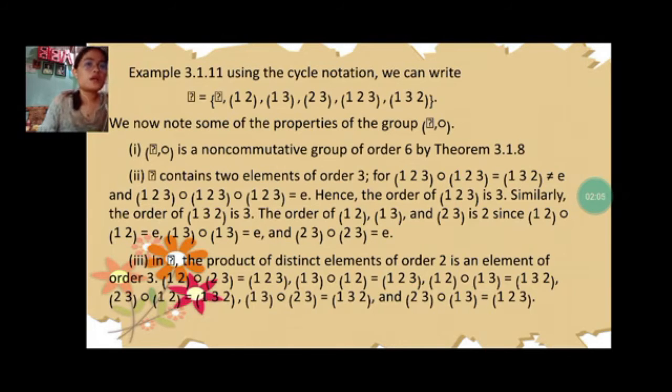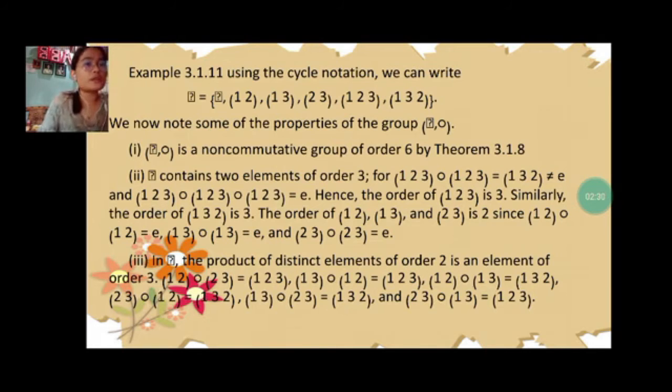Number 2, S sub 3 contains two elements of order 3. For (1 2 3) of (1 2 3) is equal to (1 3 2) and not equal to e, and (1 2 3) of (1 2 3) of (1 2 3) is equal to e. Hence, the order of (1 2 3) is 3. Similarly, the order of (1 3 2) is 3.